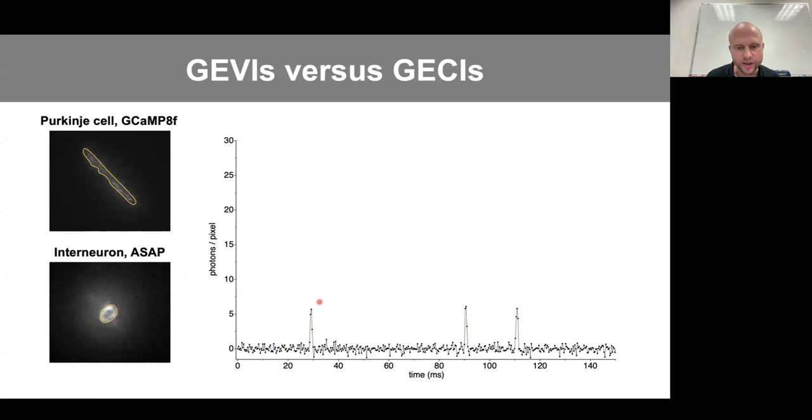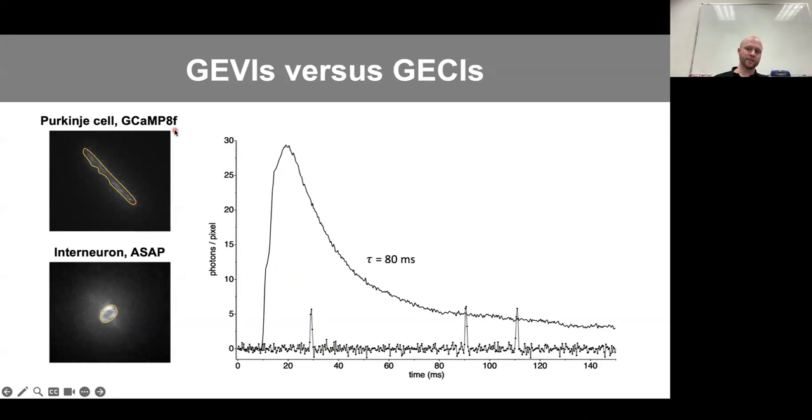Another thing to appreciate, which you'll be better able to appreciate in contrast to the calcium signal, is that the amplitude of these spikes is actually relatively small. On a per pixel basis on the camera, we're getting about 6 photons at the peak of this action potential. This is really interesting when you compare these signals to what one finds when they do calcium imaging of Purkinje cell dendrites using GCaMP8f.